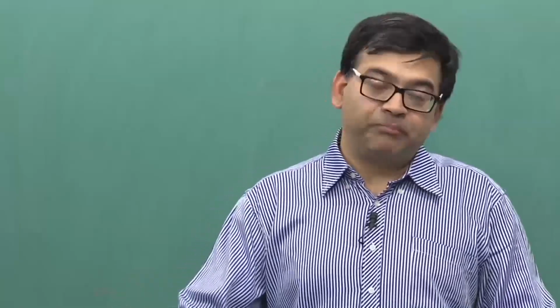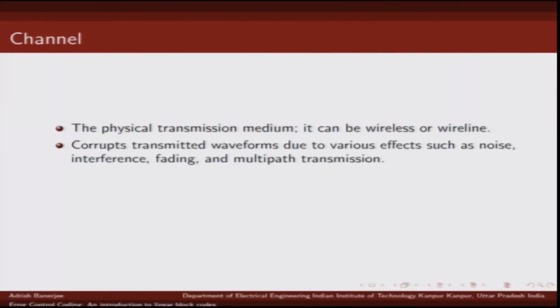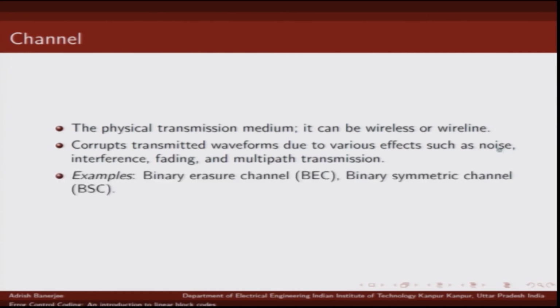As we know, the channel corrupts the signal in multiple ways. For example, noise deteriorates the signal. Interference is because multiple signals clash with each other. Fading: if you are, let us say, under some building, you may not get a very good signal.